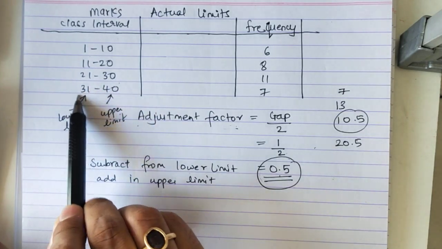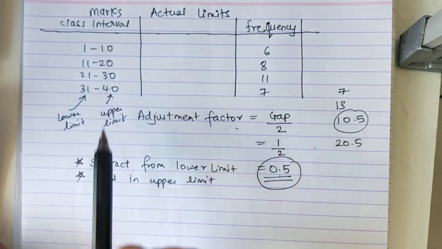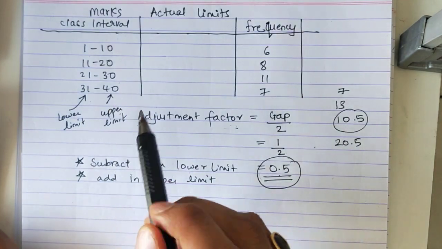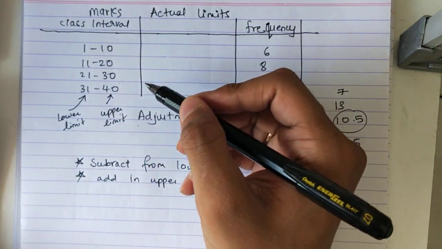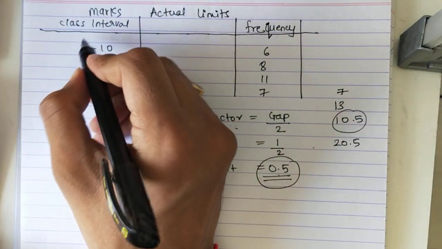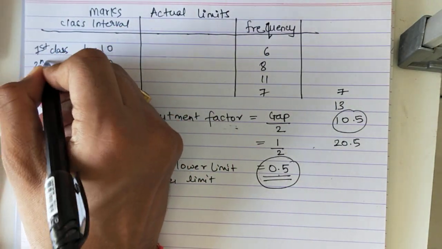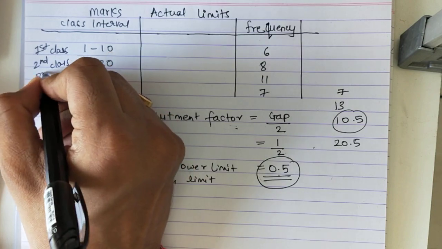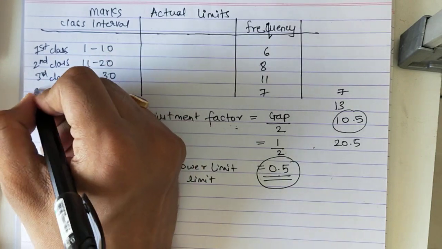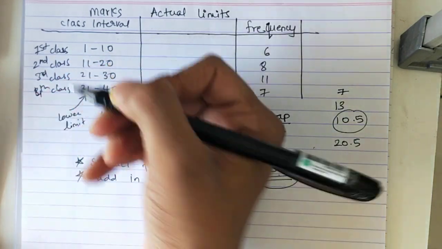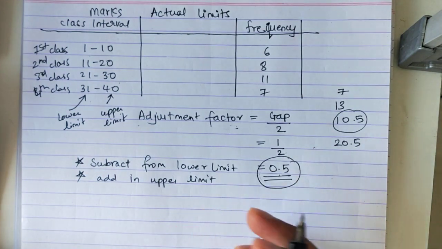The lower limit is 31, upper limit is 40. So I'm teaching you how to name them and how to find simple values. So these are classes, the first class, the second class, and so on, the fourth class.